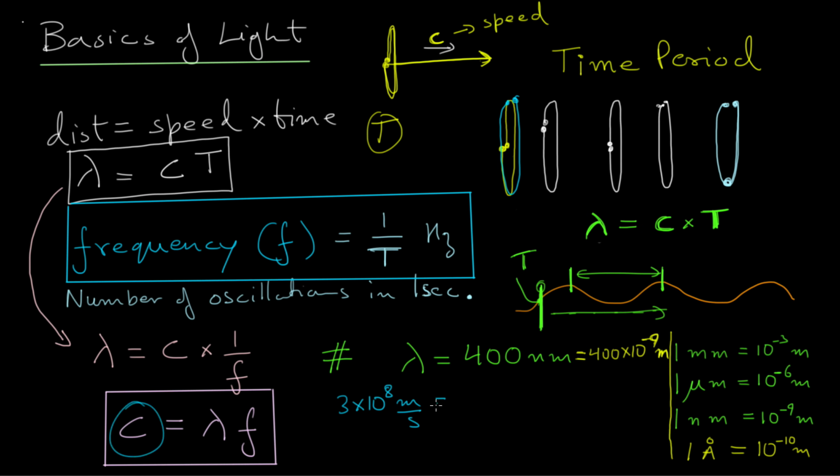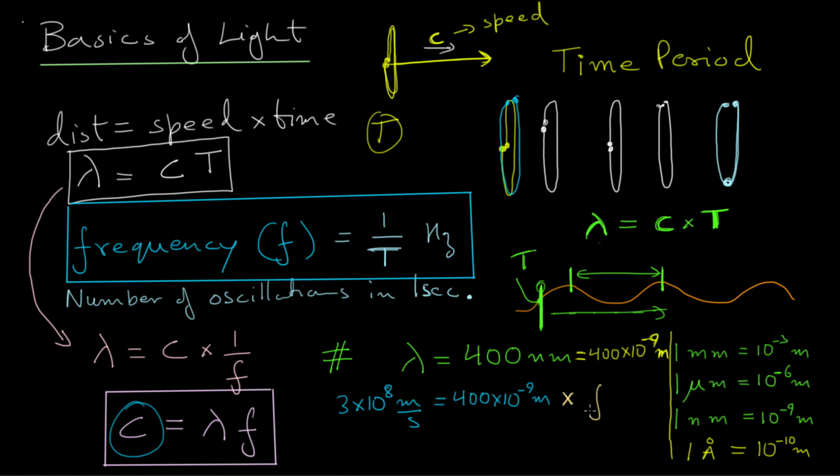Right hand side, wavelength is how much? 400 into 10 power minus 9 meter. Meter will get cancelled, right? Generally people don't write the units when writing the formula because it is a little cumbersome, but if you write the units also, you are doing it absolutely right.